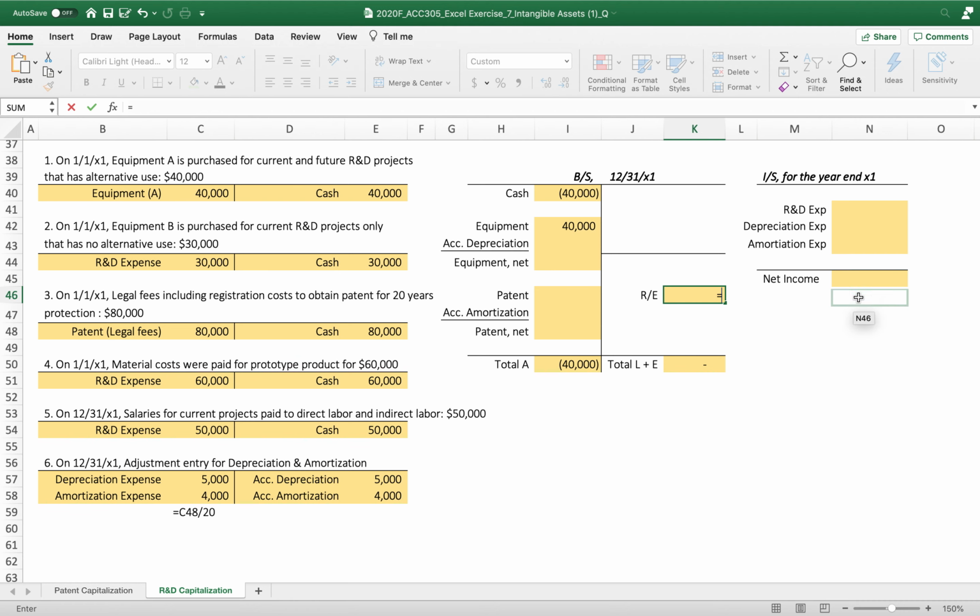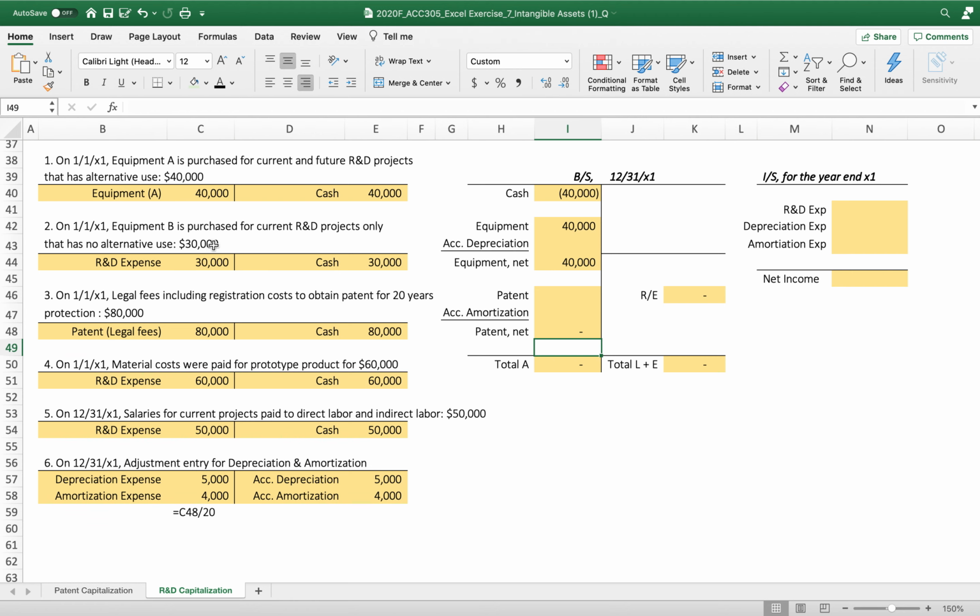Then this retained earnings should be related to this net income. Then this equipment is plus it. Okay, then also patent net is the patent plus minus the accumulated amortization. Okay, then I finished the setup.